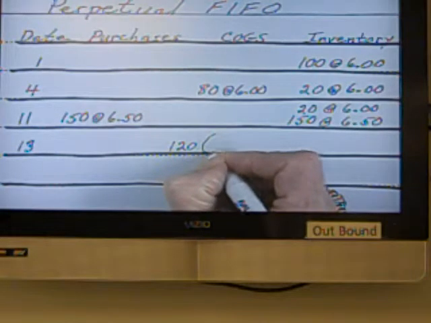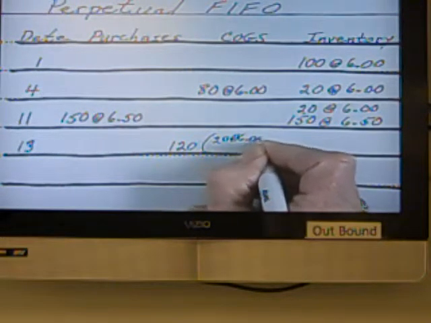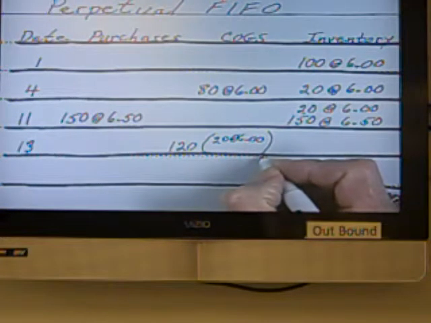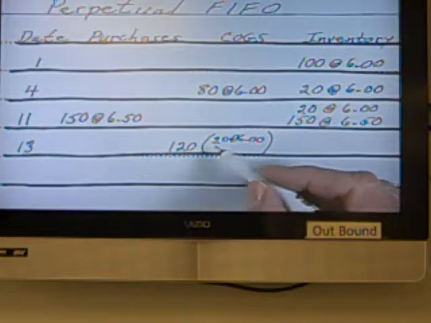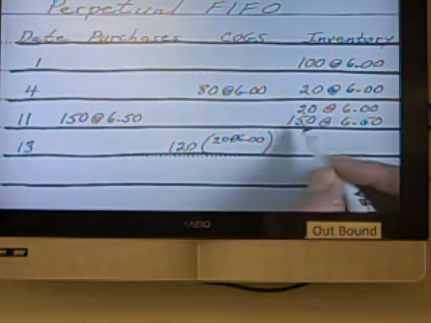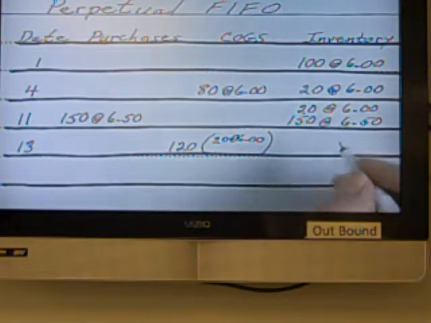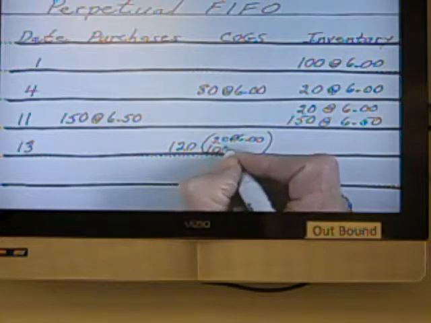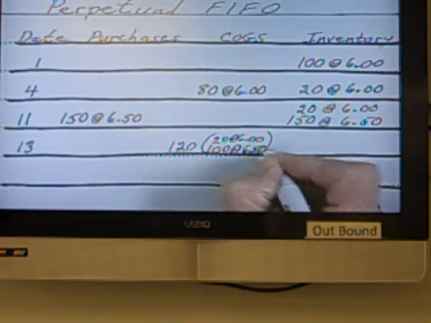So I'm going to put those in parentheses. 20 at $6, that would have been sold. And we sold 120, so that's 20 at $6. So we sold 100 of these at a cost of $6.50. So there's 100 at $6.50 that was sold.